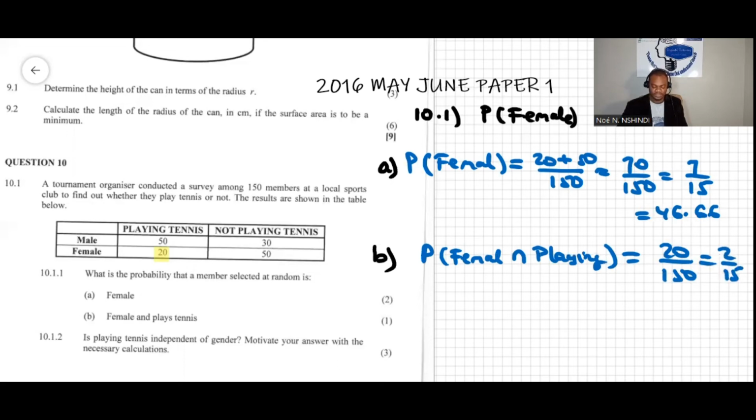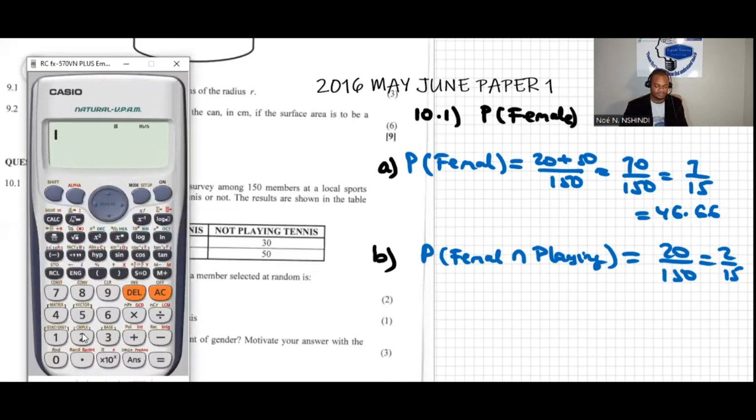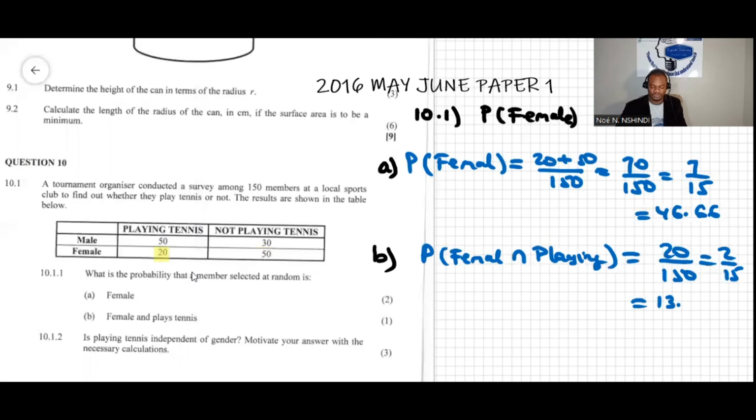In percentage, we do 2 over 15 times 100, and this is equal to 13.33%.